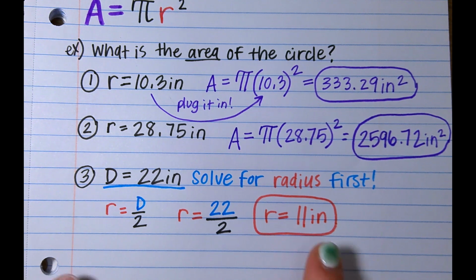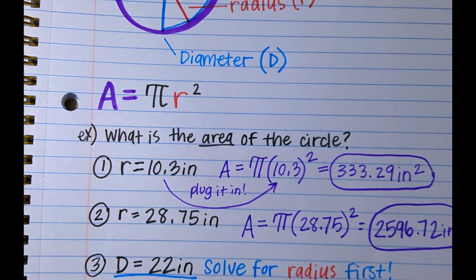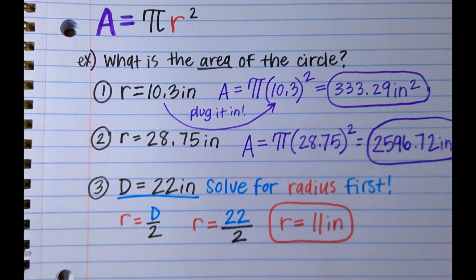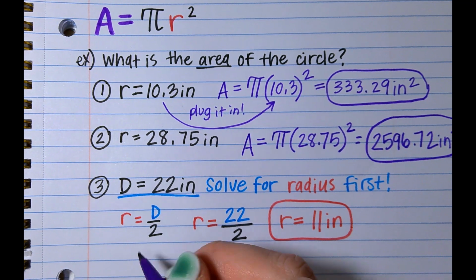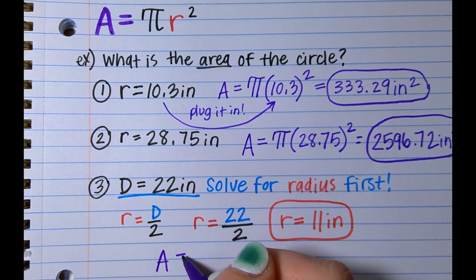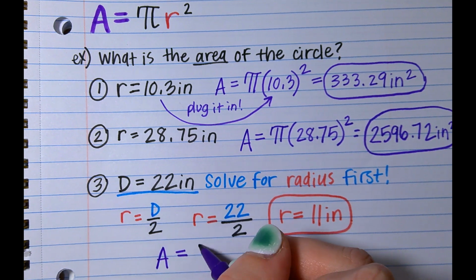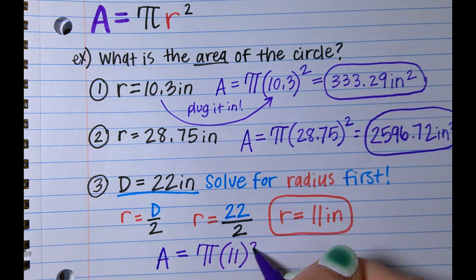Yeah, we have radius. So now we can use the area formula. Yeah. We just now use the formula again. So I'm going to write that A equals, and now that I have R, I can plug 11 into the formula. A equals pi 11 squared.